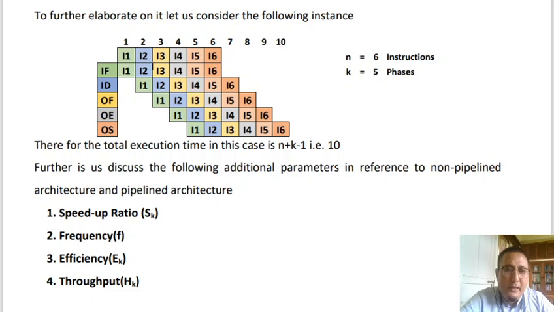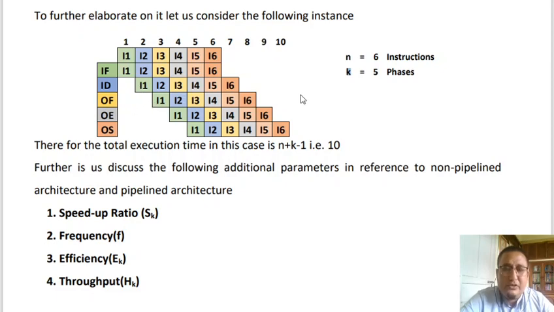Just see, for execution of 6 instructions, we'll be requiring 10 units of time, and the instructions are executed over 5 phases. So let n be the number of instructions and k be the number of phases. Here n is 6 and k is 5.